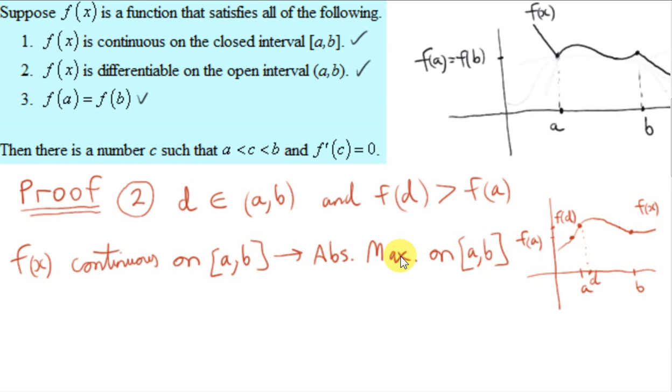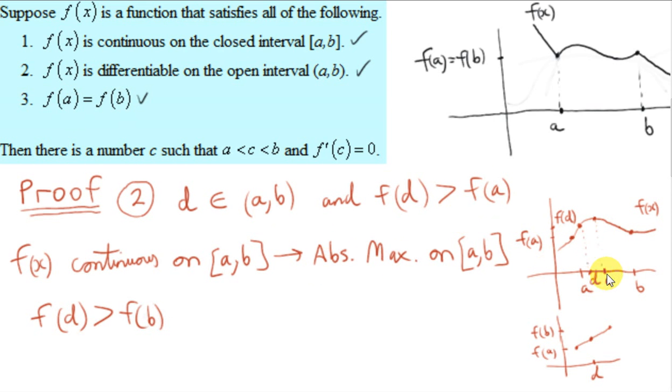Let's suppose that our absolute maximum is called c. Now, since f of a is equal to f of b, f of d, which is some point in a b, is not only greater than f of a, as we stated from the outset, but it's greater than f of b as well.